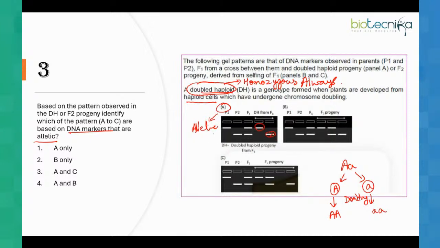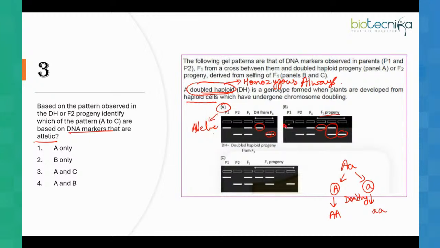What about B? Now in B we do not have double haploids. Instead we have the F2 progeny. In F2 progeny also, like in this particular case in B, F1 has both. Now F2 has all the three varieties. It has only this marker, it has only this marker, and it has this heterozygote also. Now this again will be the scenario when these two markers are alleles of each other.